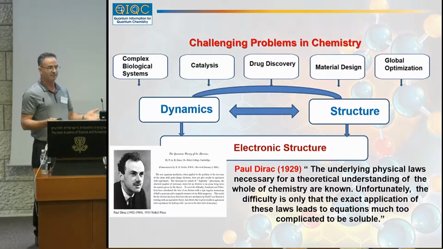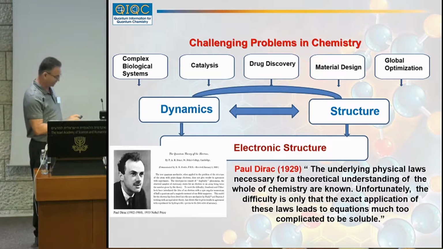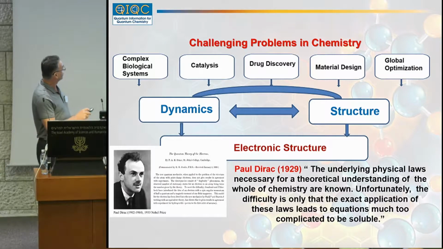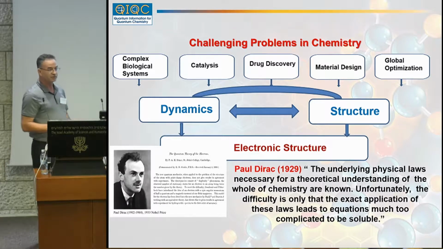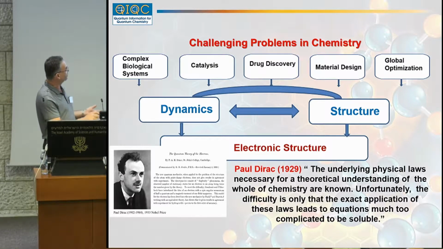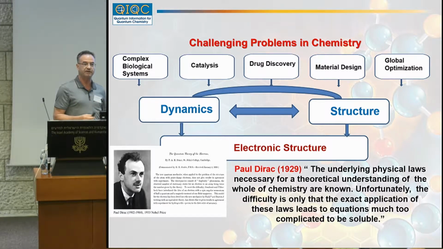And if you look at chemistry, it's a very complex field, but one can look, for example, at a specific problem in complex biological systems, like to understand photosynthesis, how birds find their magnetic north, or in catalysis, like nitrogen fixation, how you go from nitrogen to ammonia, mimicking the process in nature and not the industrial process, or material design, drug discovery, optimization. All these problems are very complex and cannot be done accurately on a classical machine.